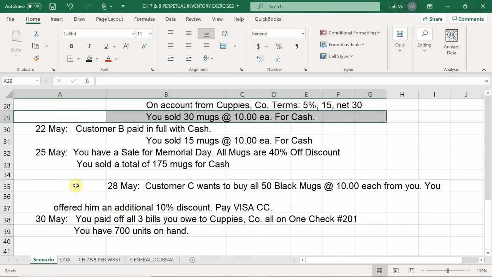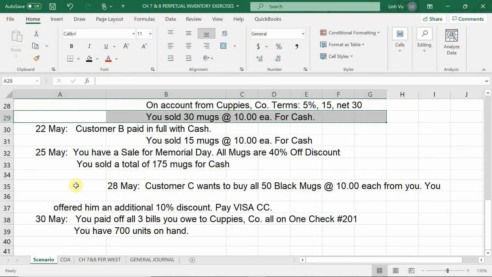Then, second to last, on May 28th, customer C decides to buy all 50 black mugs at $10 each from you. You offered him a generous additional 10% discount, and they paid with a Visa credit card.